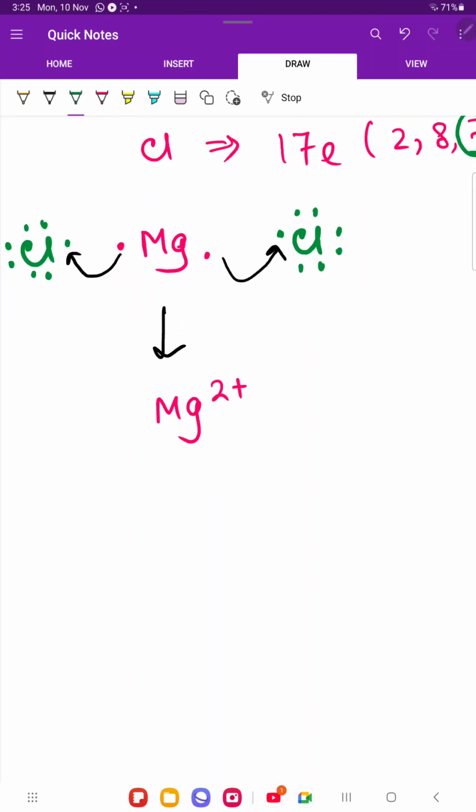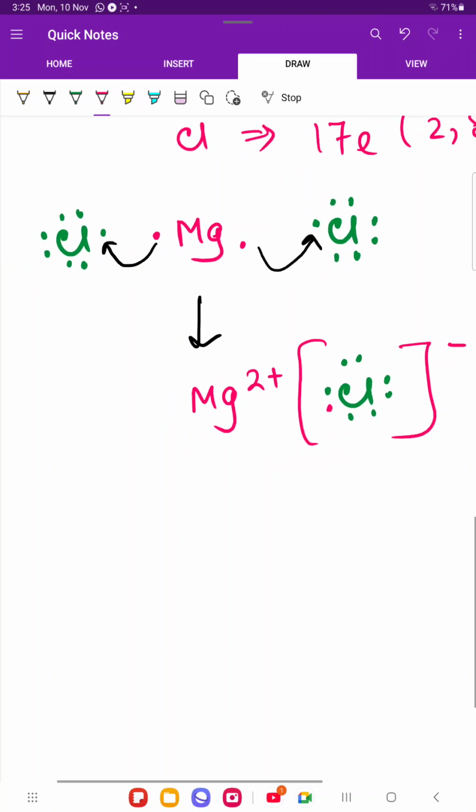What is chlorine getting now? Previously it had 7 electrons, and it got 1 electron from magnesium. Now chlorine becomes chloride minus, because only 1 electron is accepted. As it got only 1 electron, 1 negative charge is placed above the chlorine atom.